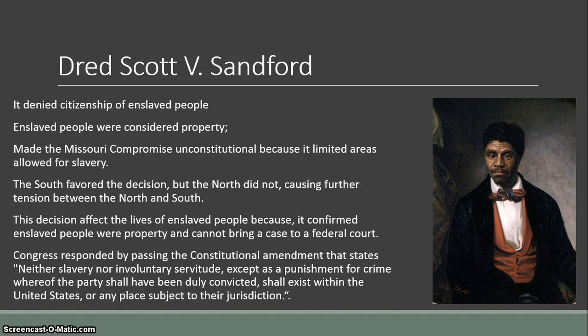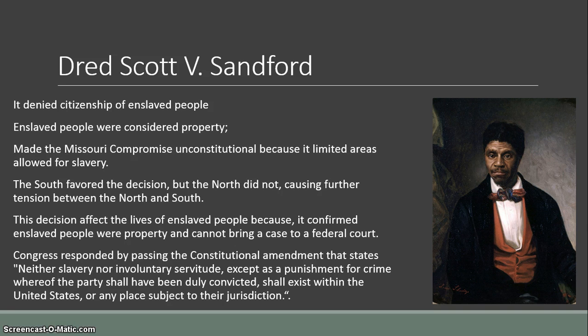But with this court case, it brought a lot of devastation to these people because they realized there's no way I can be freed unless through some extreme action. And that action is going to occur during the Civil War.